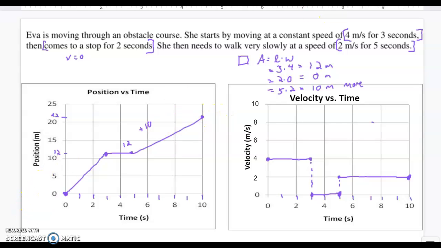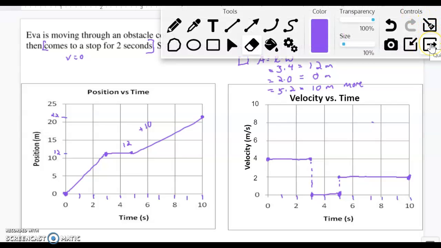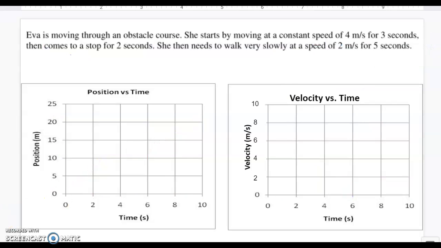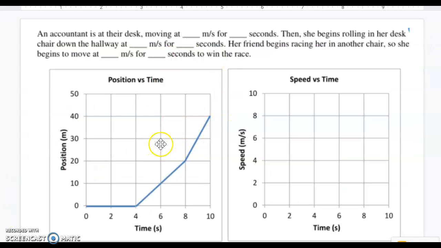There are some other types of problems where you can be given a graph, but then you need to draw the other one. And you could do it in the same way, where maybe they might have you fill out a description for it. Like here, they have blank meters per second for so many seconds.